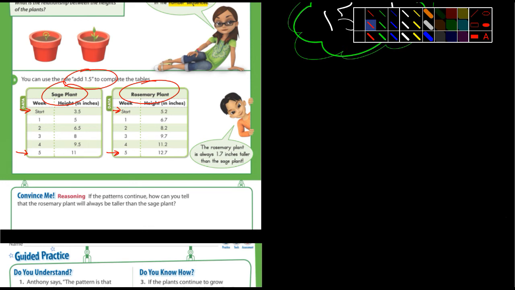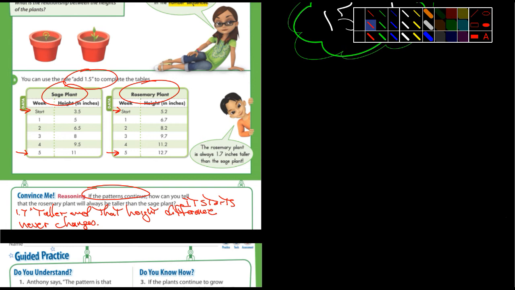So the rosemary plant starts 1.7 inches taller, and that height difference never changes. And it never changes because that's the question, if the patterns continue. In other words, it doesn't change. One doesn't start growing faster or slower than the other.